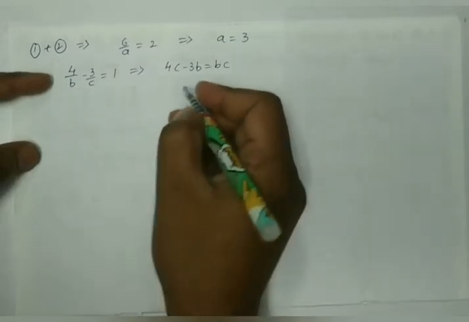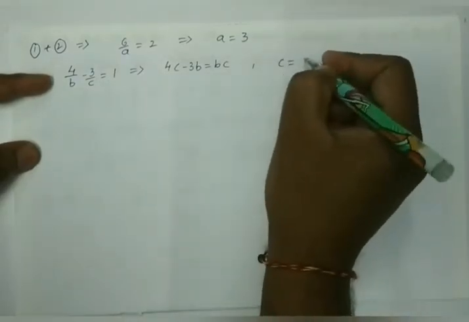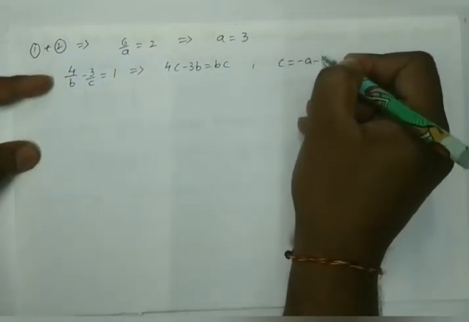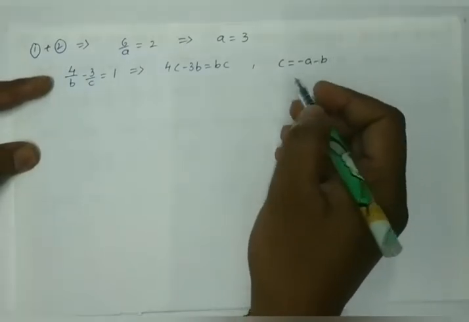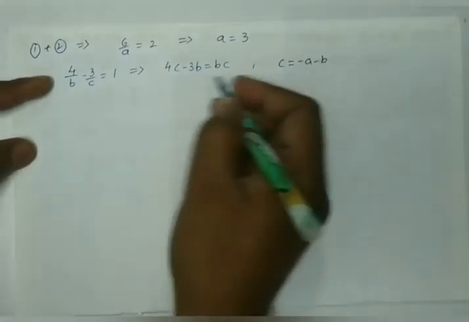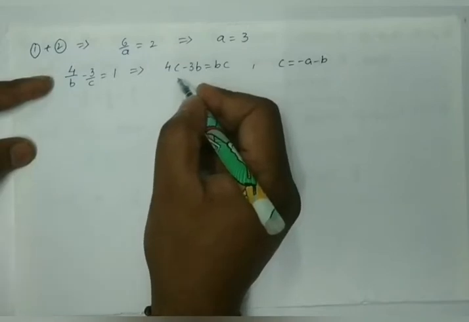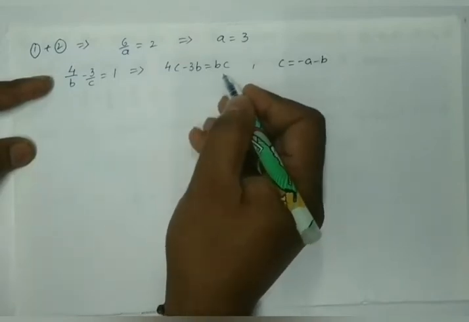Already we know that the value of c is equal to minus a minus b. First let us substitute c equal to minus a minus b in the equation 4c minus 3b is equal to bc.